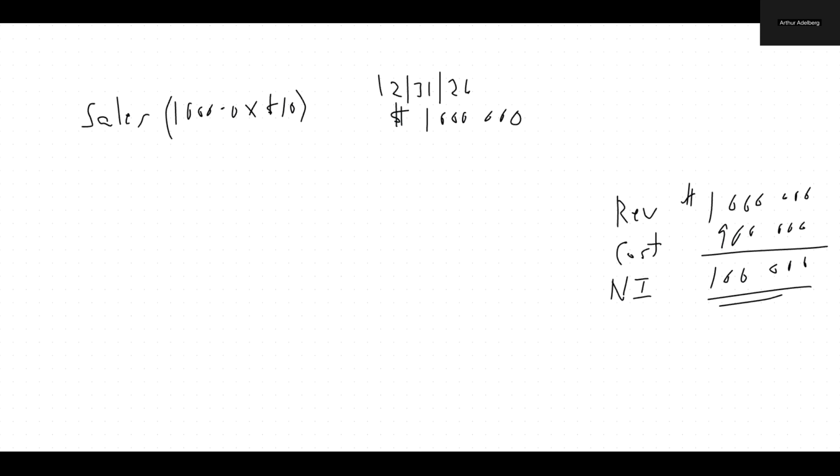All right, here's the manufacturing function, cost of goods sold. It cost us $800,000: direct materials, direct labor, manufacturing overhead. And therefore we generated a gross profit of $200,000.